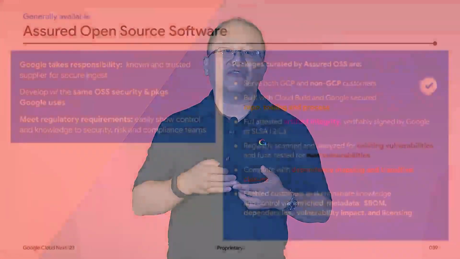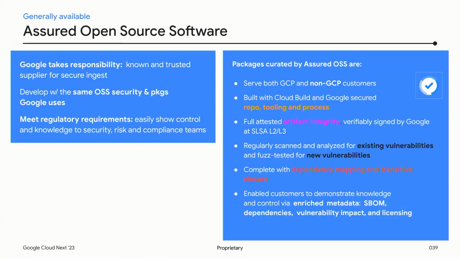So, number 1, Assured Open Source is useful and available whether you're building on GCP or not. Developers could be building on a laptop, on-prem, or in another cloud. From an interconnection standpoint, if you can reach Maven, you can reach PyPI, you can reach us. And we're able to then serve those secured packages to your developers.